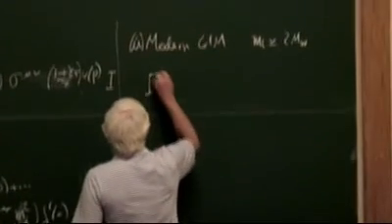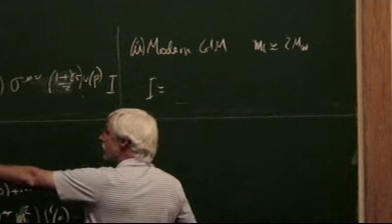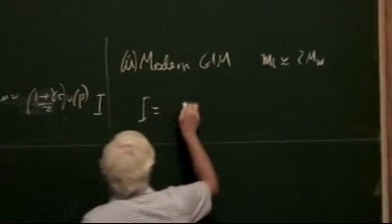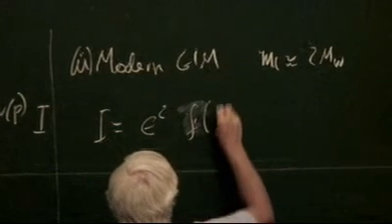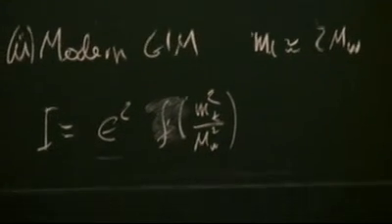So what I would say is that in the modern version, I'm going to do this very roughly in the interest of time, this integral is dominated by the top quark with order epsilon squared times some function that you have to compute.